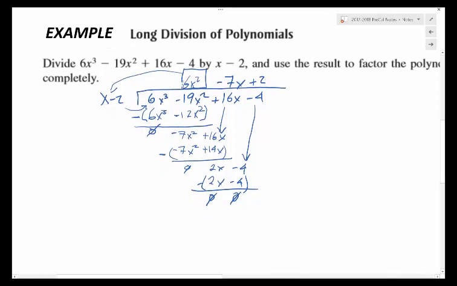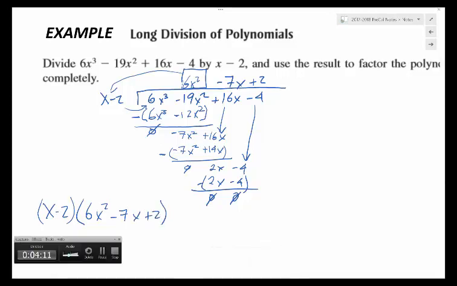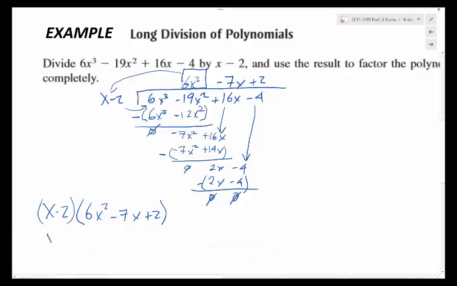So now I can rewrite this as x minus 2 times 6x squared minus 7x plus 2. Now I need to factor this, which will be 2x minus 1 times 3x minus 2. And I factor that just by eyeballing it.